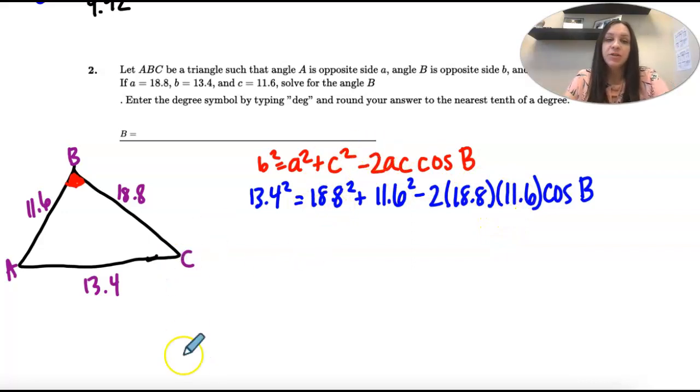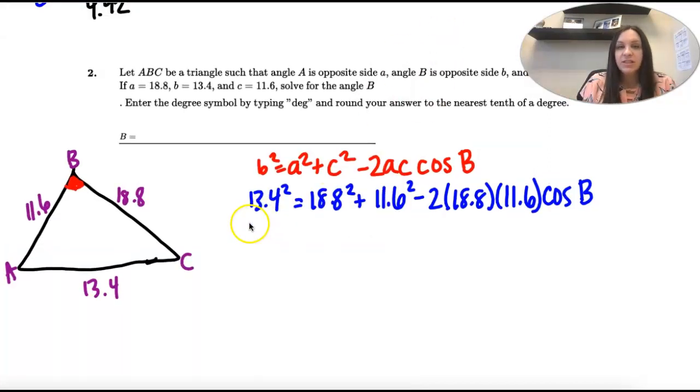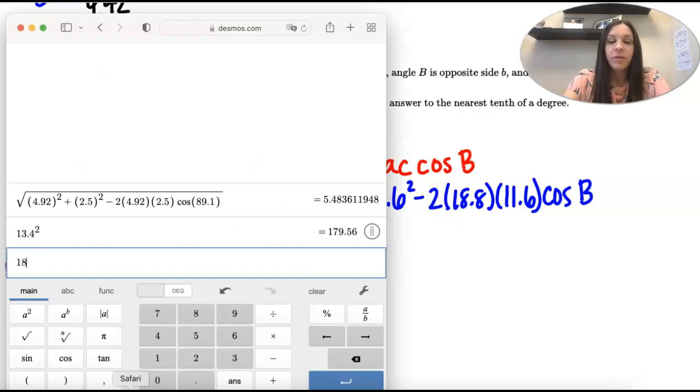Let's get some numbers. 13.4 squared is 179.56. And then I'm going to do this, 18.8 squared plus 11.6 squared.